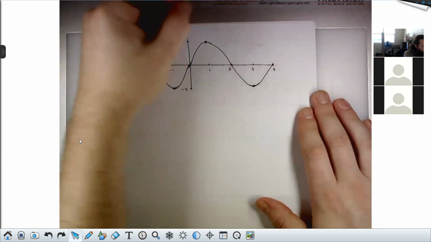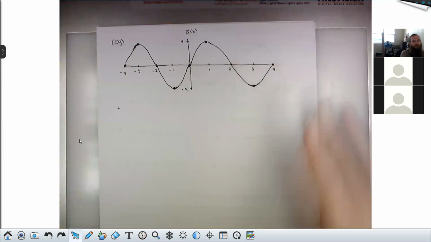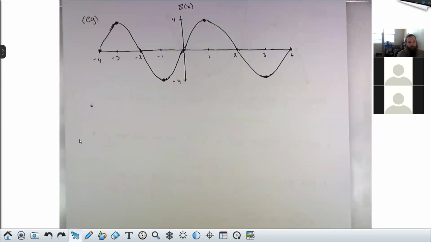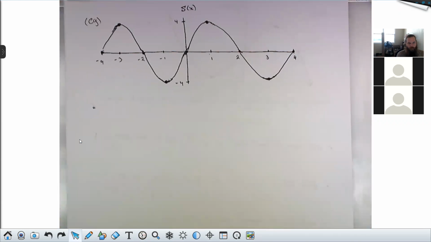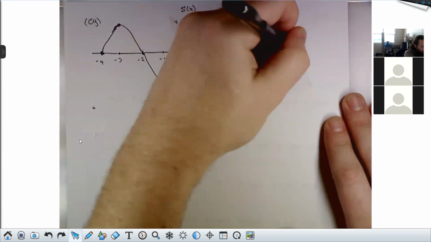So just for fun, let me call this function s of x. And we'll say that the domain stops here, right? That it doesn't go on beyond these points.